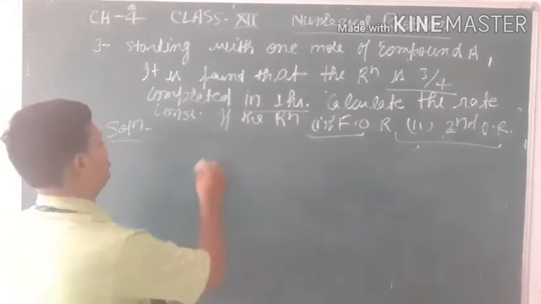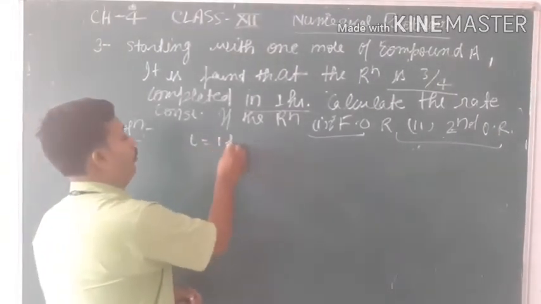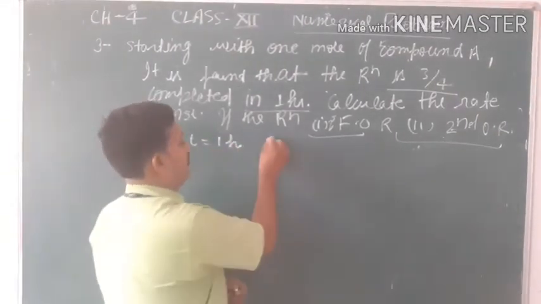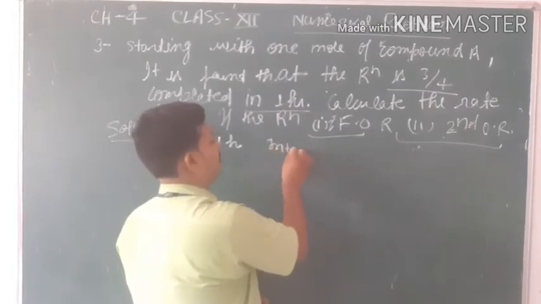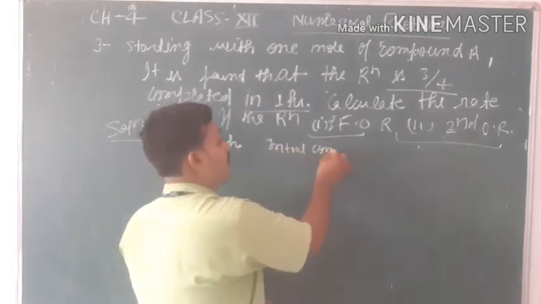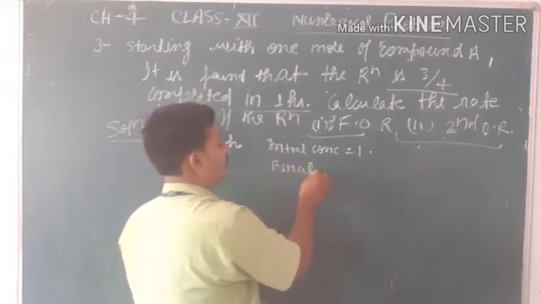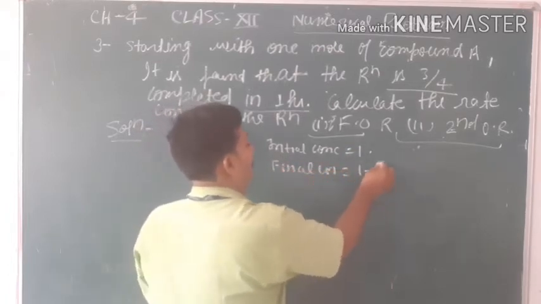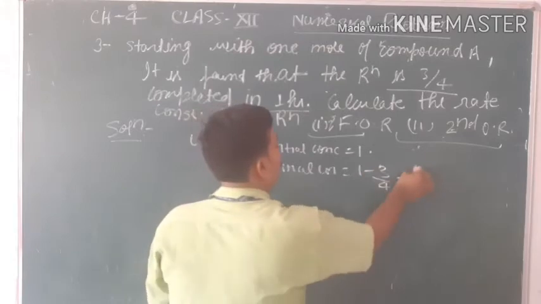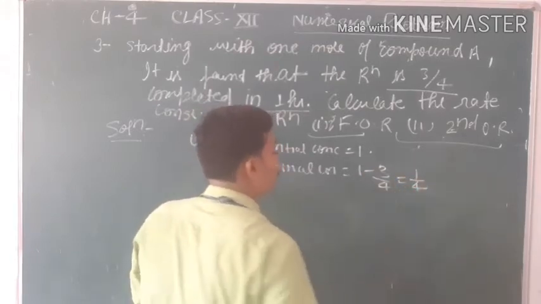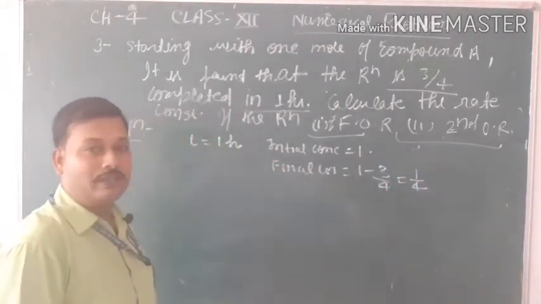As we know, t is equal to 1 hour. The initial concentration is equal to 1 and the final concentration is 1 minus 3/4, which is equal to 1/4. Okay, so now put in the values.